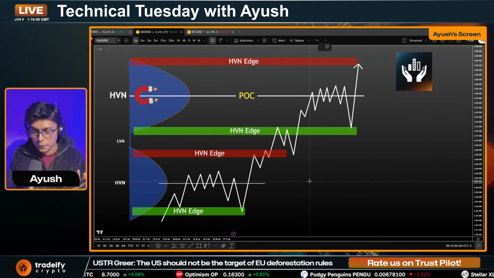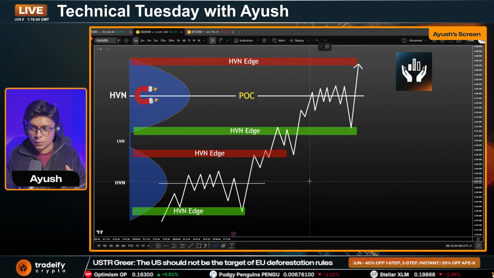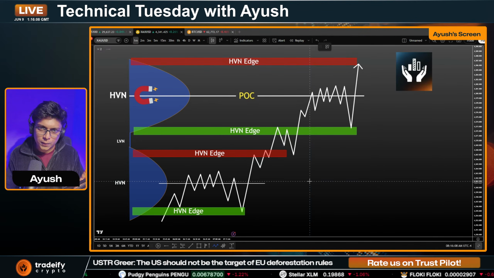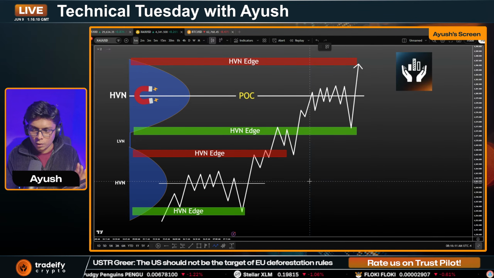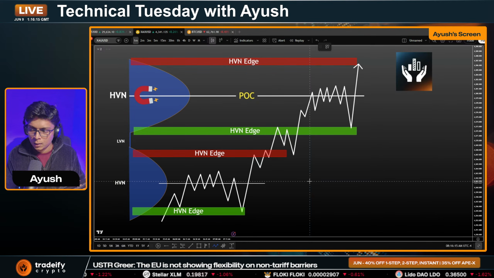And also I'm going to cover how to use fair value gaps with volume profile. So you should understand that you are at a perfect gap you're using. Not every fair value gap is going to give you trade or entry.